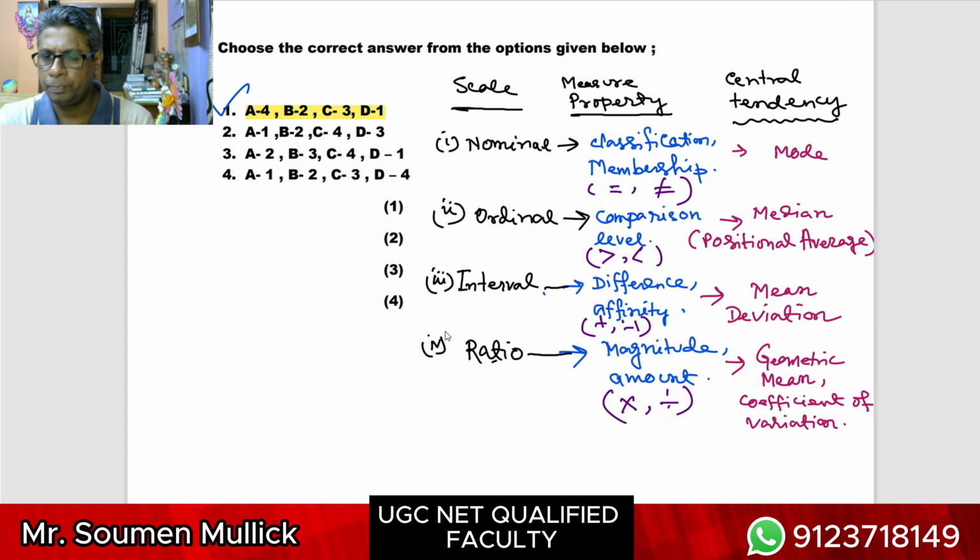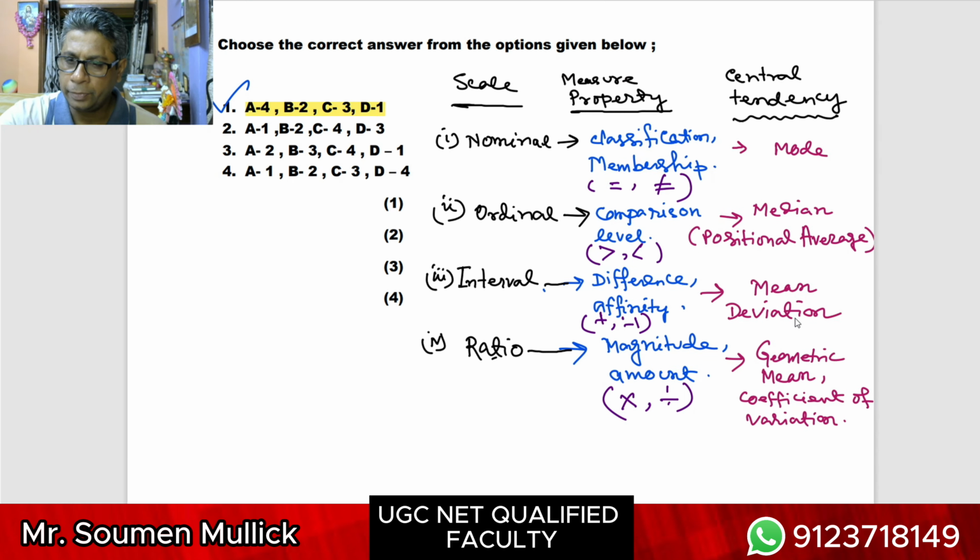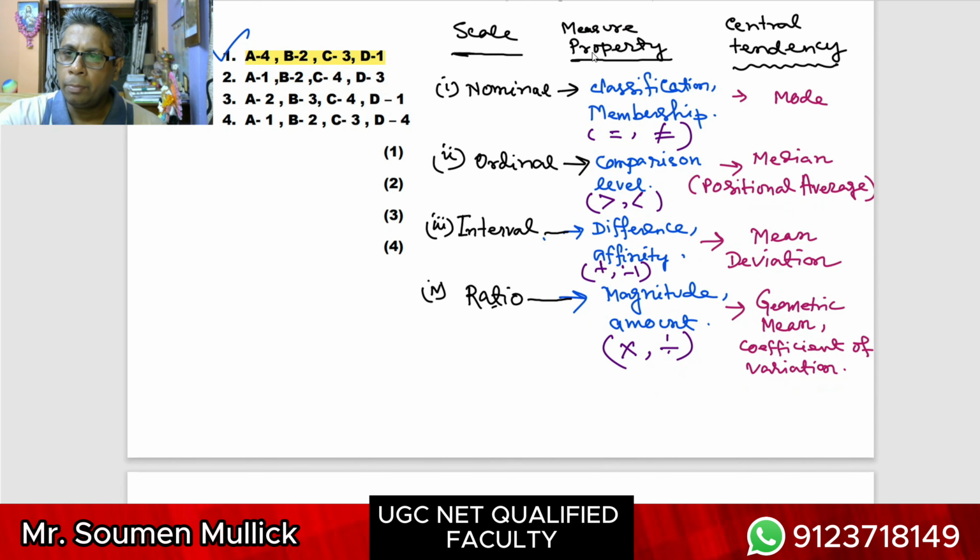Third, interval. Interval measure property, differences and affinity, plus or minus, mathematical expression, central tendency, mean, deviation. In case of ratio, measure property, ratio scale, magnitude or amount. Central tendency, geometric mean, coefficient of variation.